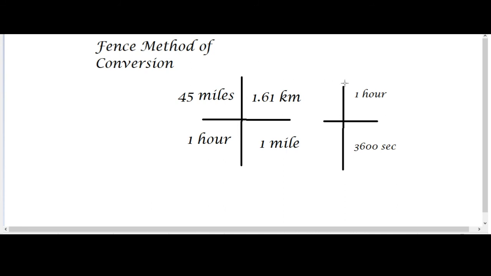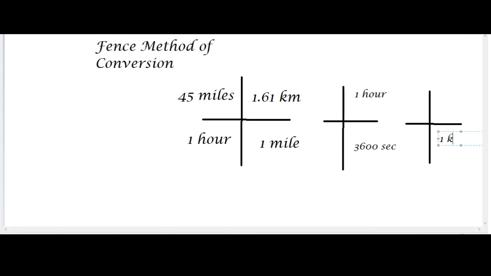Now we have one last step, which is switching the kilometers to the meters. So we have to get rid of the kilometers, so kilometers goes on the bottom. And how many meters are there in a kilometer? Well, I hope you said 1,000 meters. So I lost the room over on this side, so we'll just put it down at the bottom.